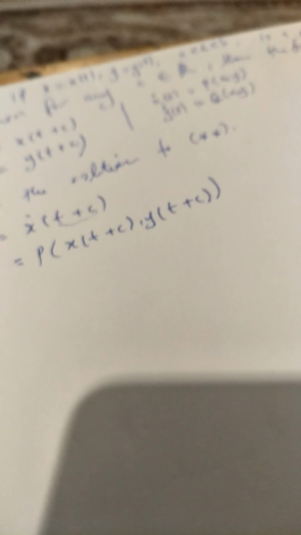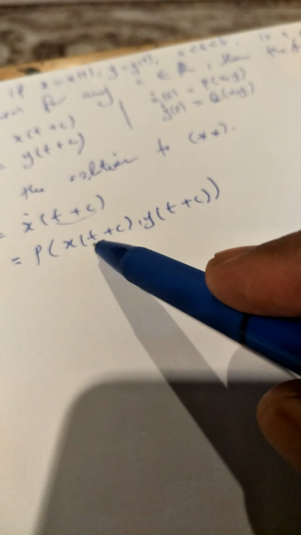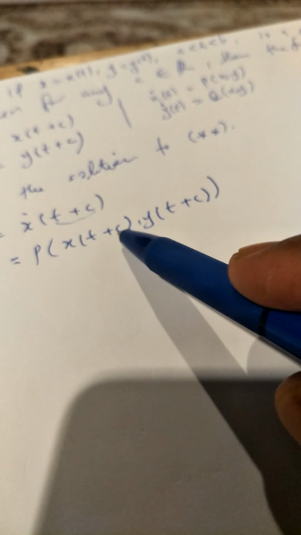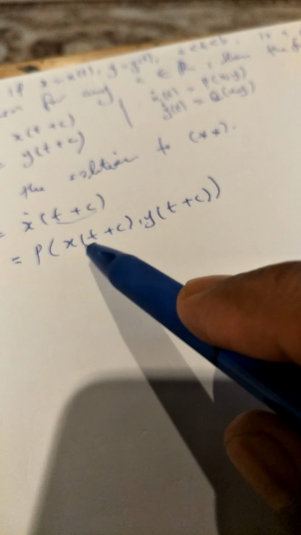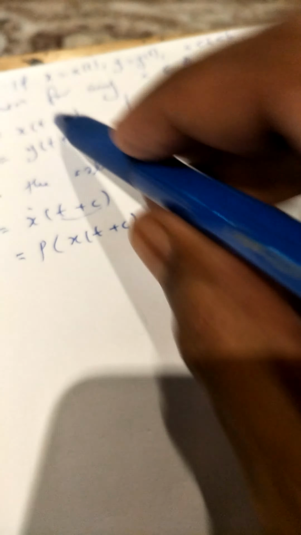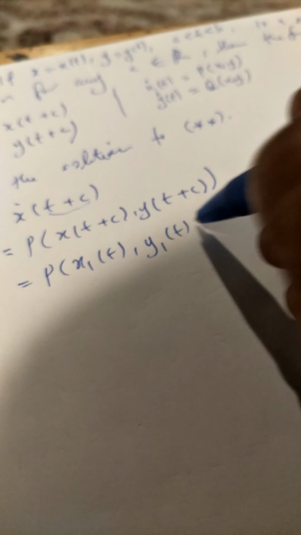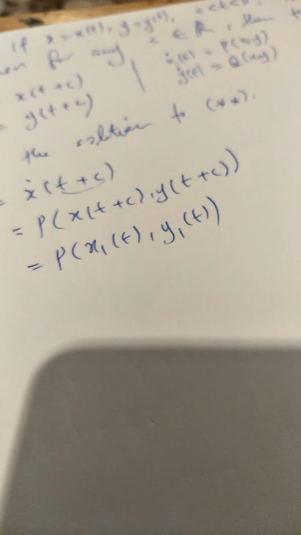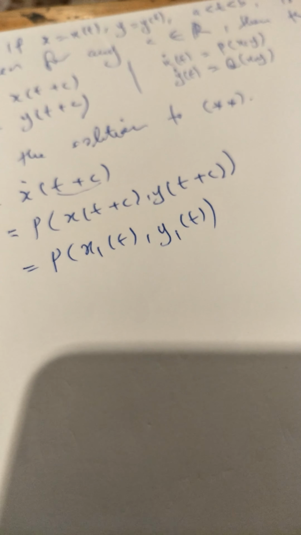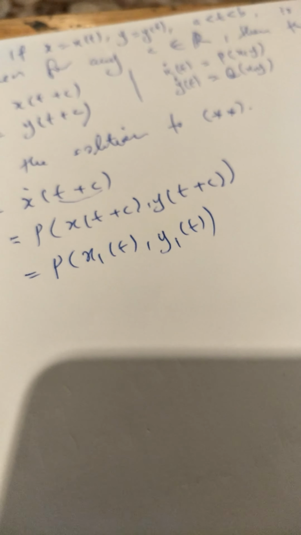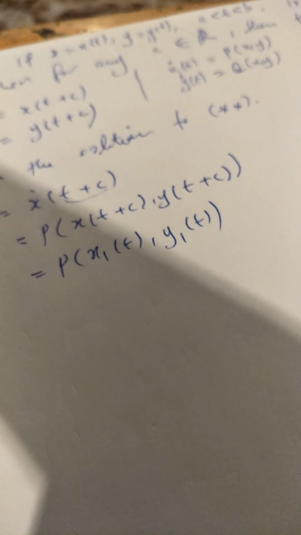And we know that x(t plus c), y(t plus c) is x1(t), y1(t). So this is equal to P(x1(t), y1(t)). So it means it's a solution to our autonomous system.